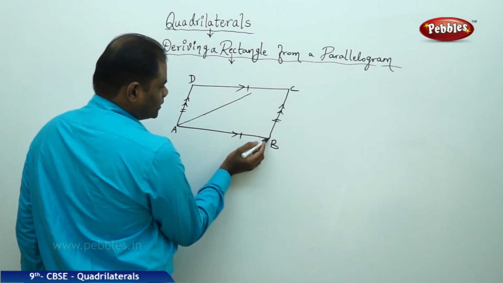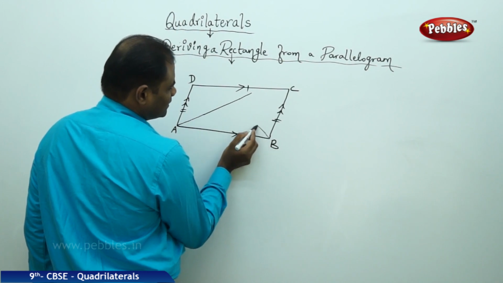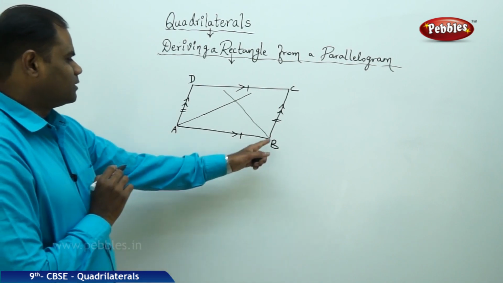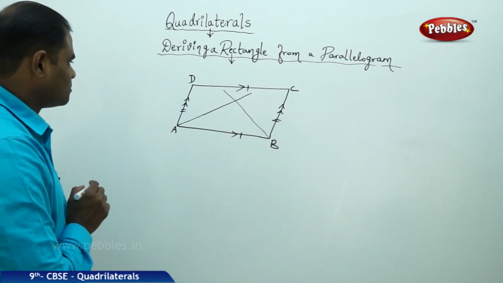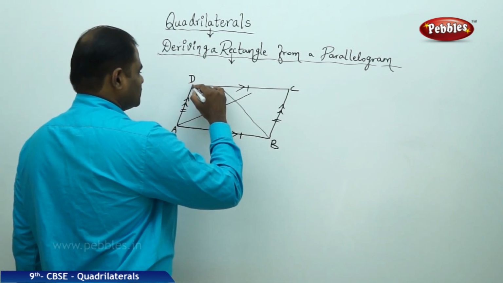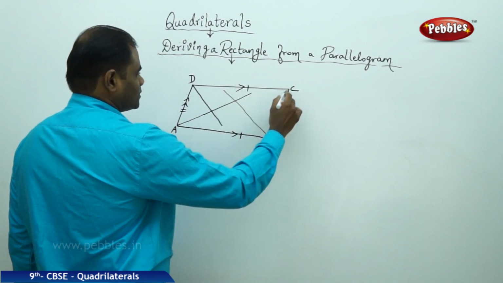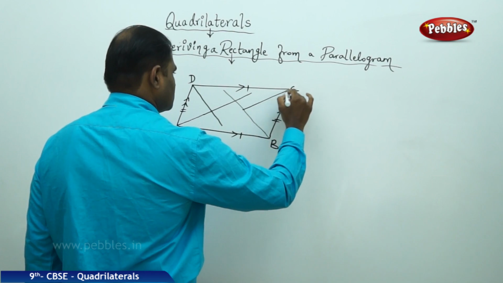Angle B. So here is the bisector of angle B, exactly cutting at equal angle. So here is the bisector for angle B and here is the bisector for angle A. Similarly, I have a bisector for D which I derive out here, and a bisector at C derived out here.